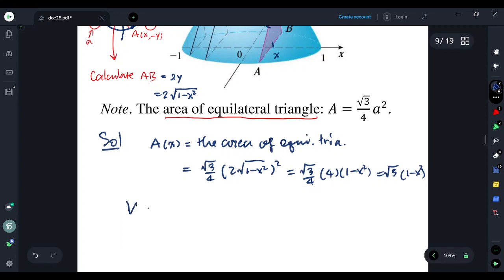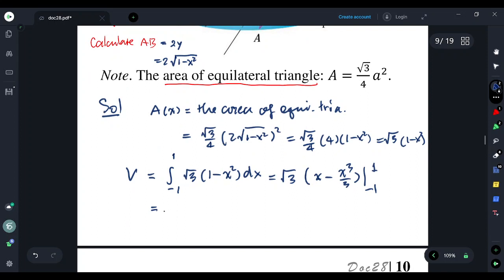Now the volume is given by the integral of cross-section formula, so we're going to integrate from -1 to 1 of the square root 3 times 1 minus x squared dx, and by moving the square root 3 out, then integrating 1 minus x squared, we have x minus x to the power 3 divided by 3, and substitute 1 and -1. When we substitute 1, we have 1 minus 1/3.